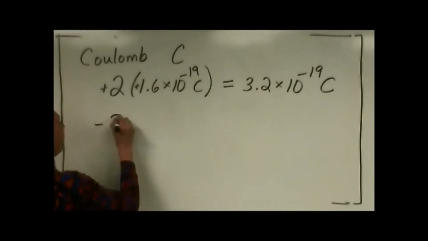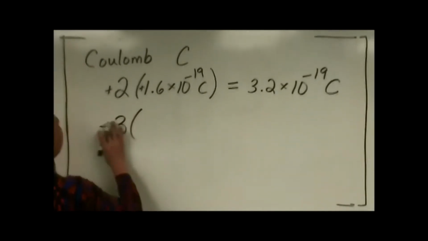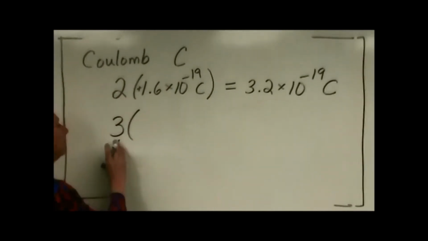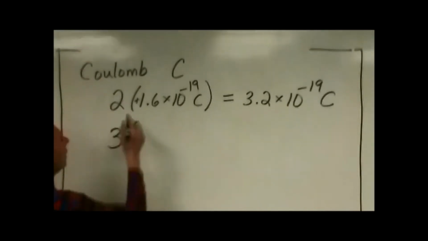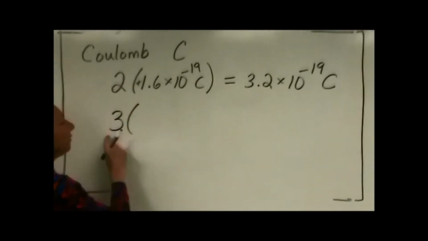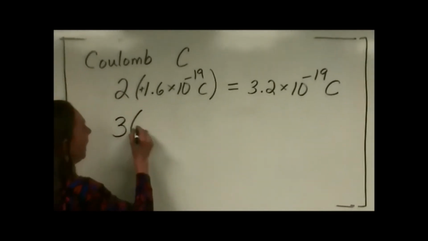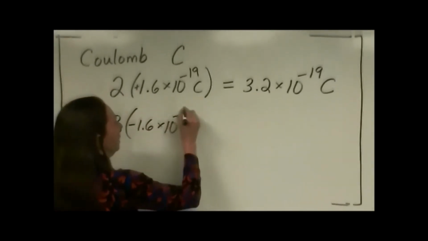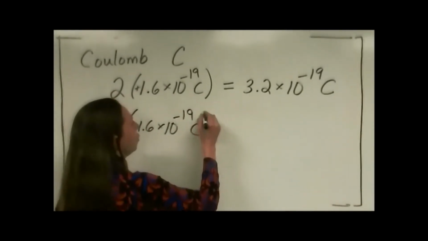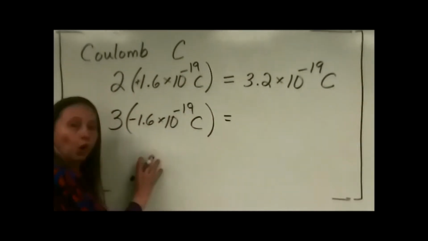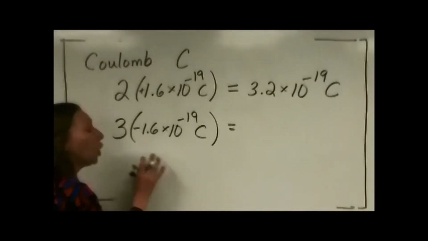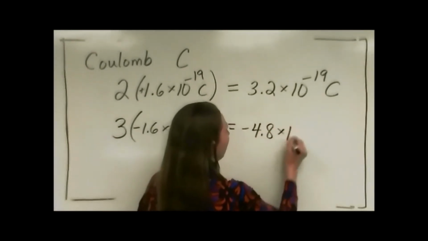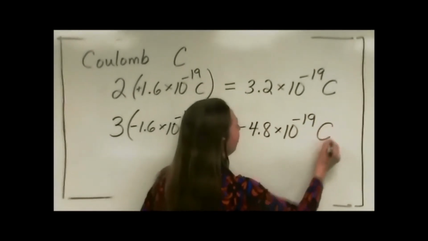We'll just say the whole number 2 and the whole number 3. If you have 3 extra electrons and each electron has a charge of -1.6 times 10 to the -19 coulombs, then the total excess charge in coulombs is -4.8 times 10 to the -19 coulombs.